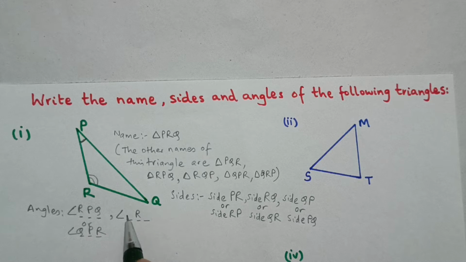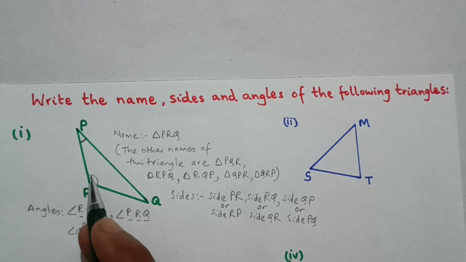So P and Q. Let me write P over here and Q over here. You can write Q over here and P over here. Both will represent this angle.